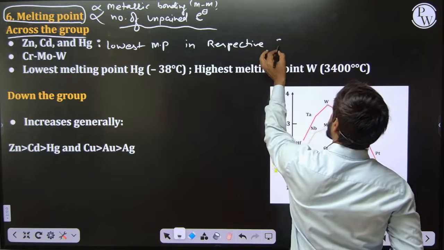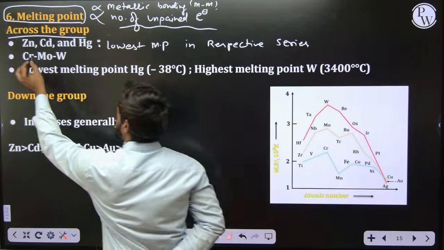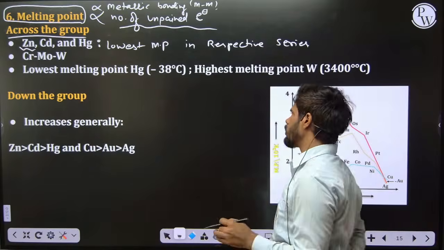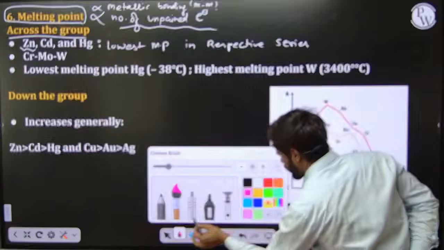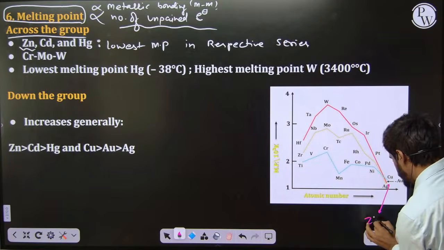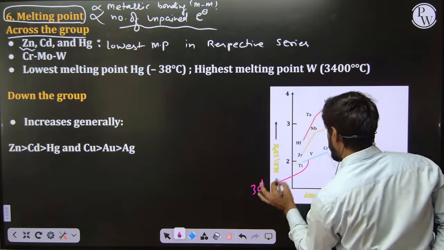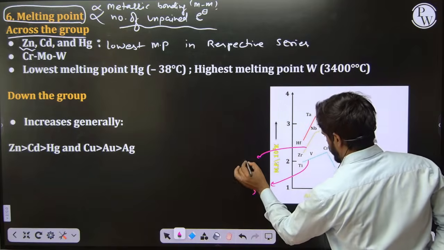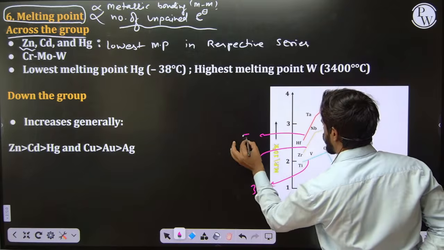Zinc is from the 3d series, so in the 3d series the lowest melting point is for zinc. Somewhere zinc will be there. This is for the 3d series, this is for the 4d series, and this one is for the 5d series.